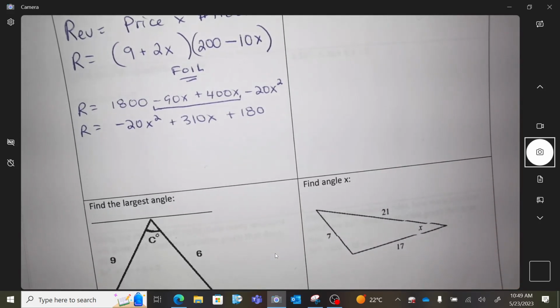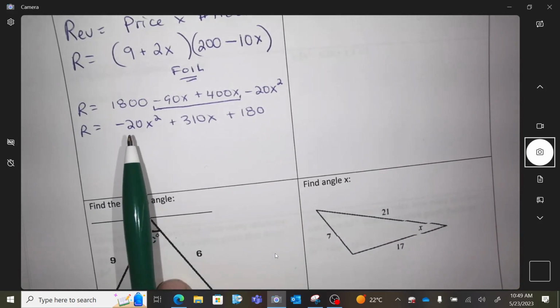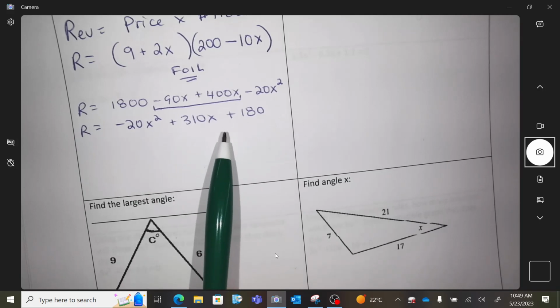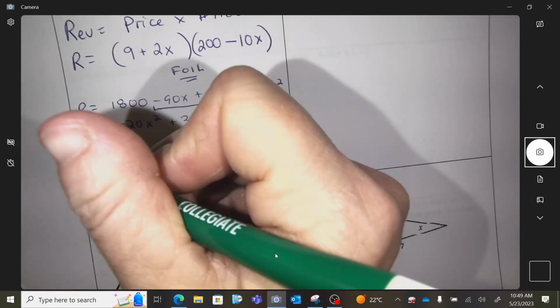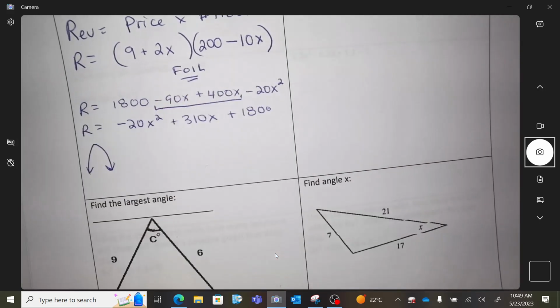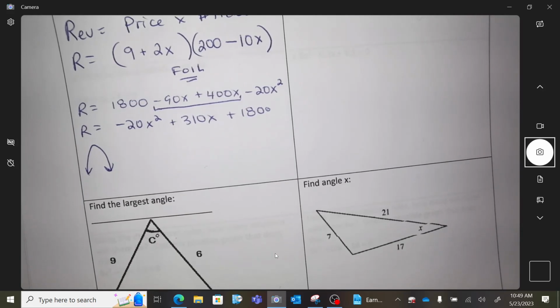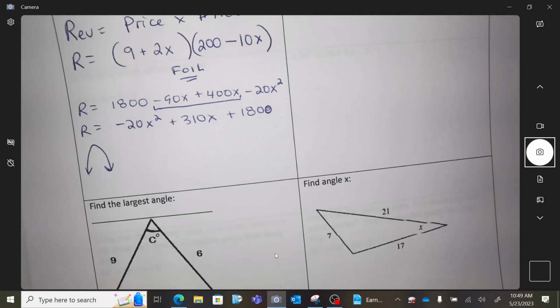Okay, so what do I know about this quadratic? It'll look like that, my quadratic.